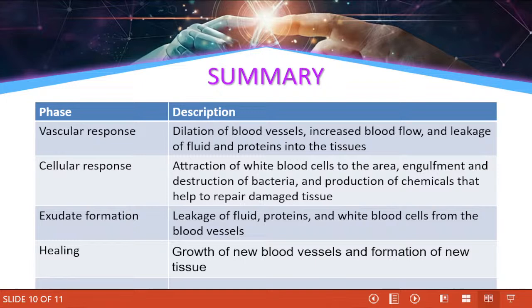Cellular response, attraction of white blood cells to the area, engulfment and destruction of bacteria, and lastly, production of chemicals that help to repair the damaged cells. Thirdly, exudate formation, leakage of fluid, proteins, and white blood cells from the blood vessels. And in conclusion, healing, growth of new blood vessels and formation of new tissue begins.